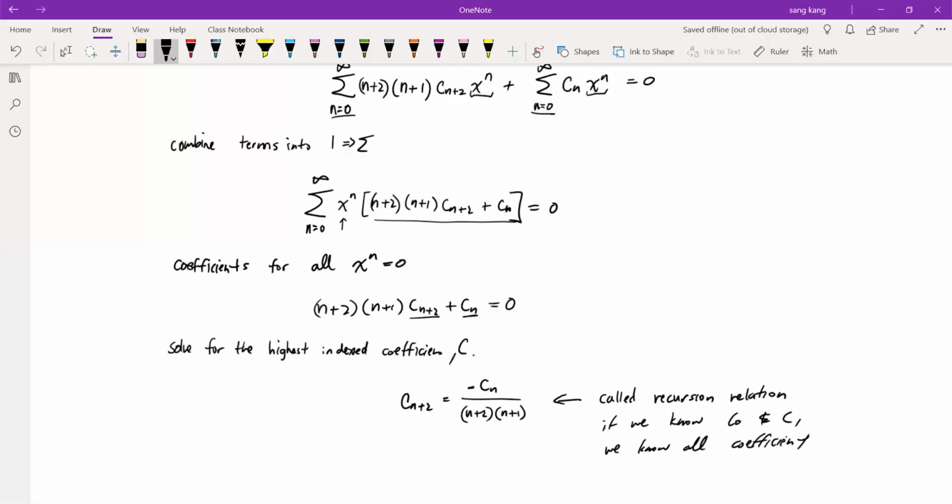And all that means is recursion just means it's a rule that defines something over and over and over. Okay, so we can express every single coefficient in terms of C naught and C1.